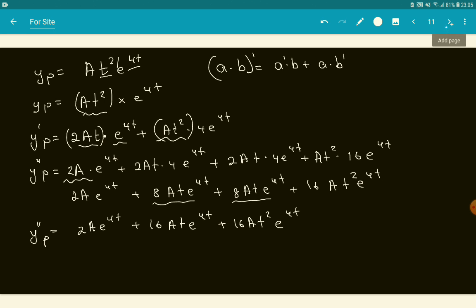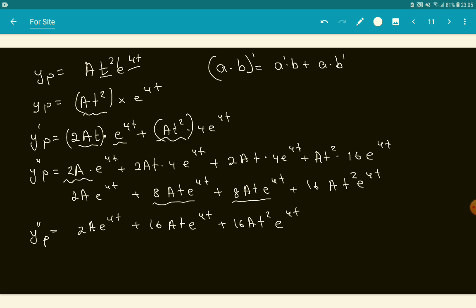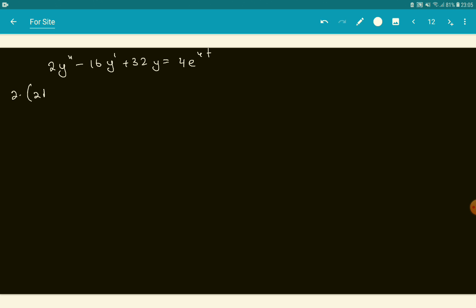So let's write our equation. Our equation was 2y double prime minus 8y prime plus 16y equals e^(4t). It's going to be a lot of mess because it is too big, but let's move on. So 2 multiplied by y double prime, which is 2a e^(4t) plus 16at e^(4t) plus 16at squared e^(4t).